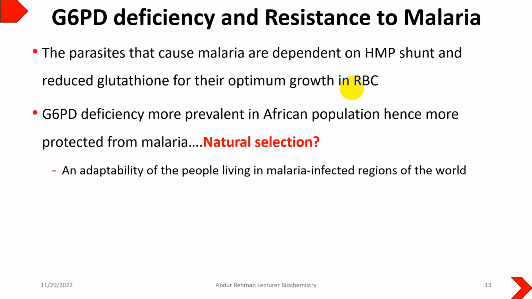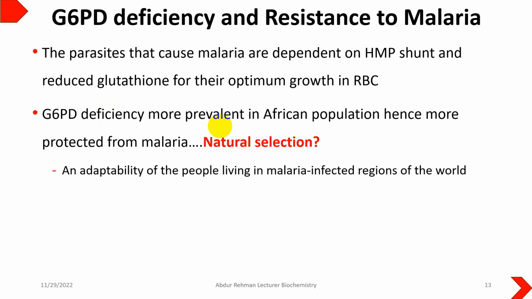proper, do not have proper shapes, or are prone to rupture already because of this deficiency of G6PD, and there is no NADPH, there will be less chance for the parasites to grow and multiply in the red blood cells. So those persons or areas we have seen in Africa, which have both the genetic deficiency of G6PD and prevalence of malaria, these populations are resistant to malaria.